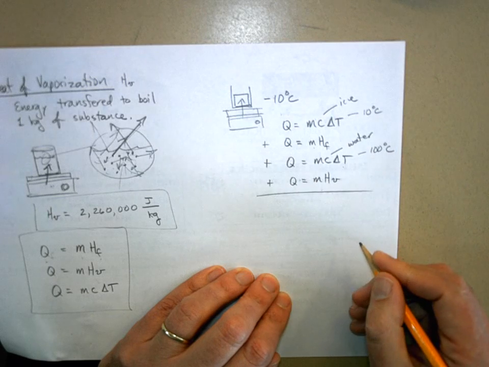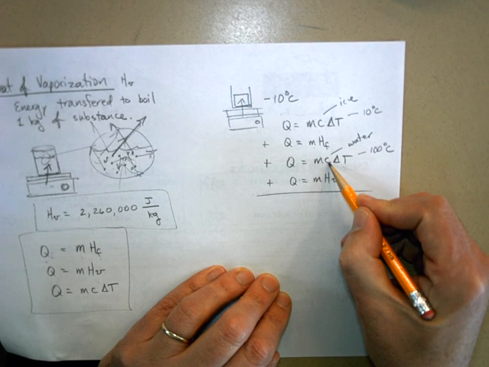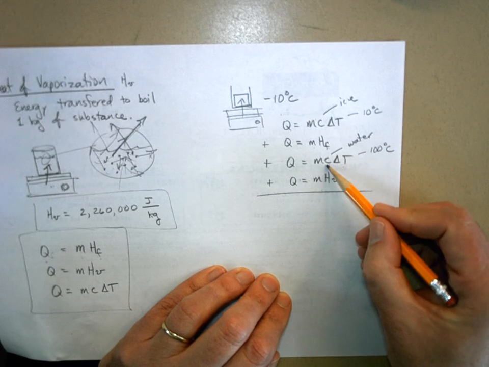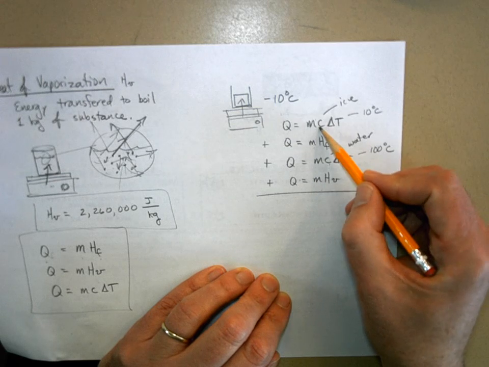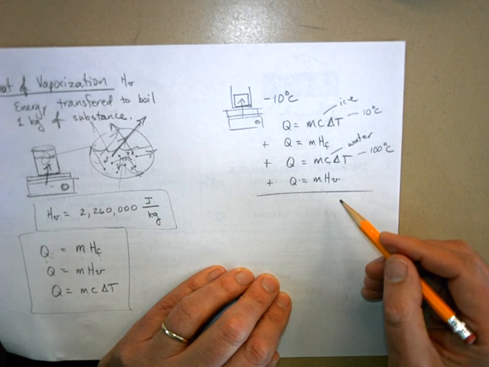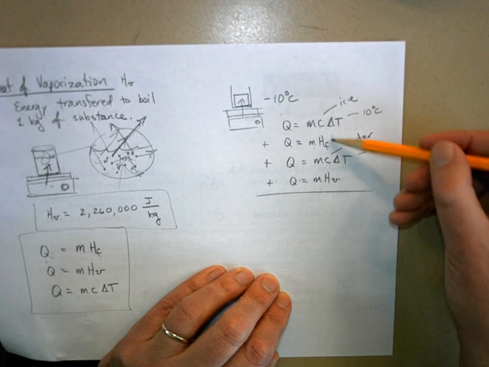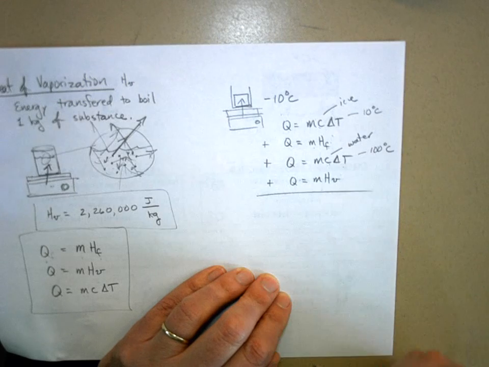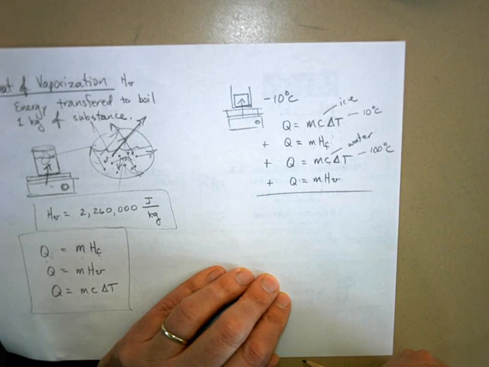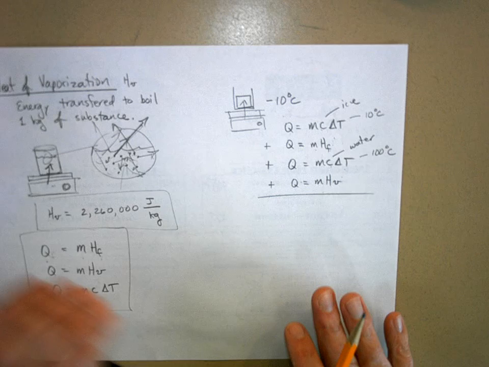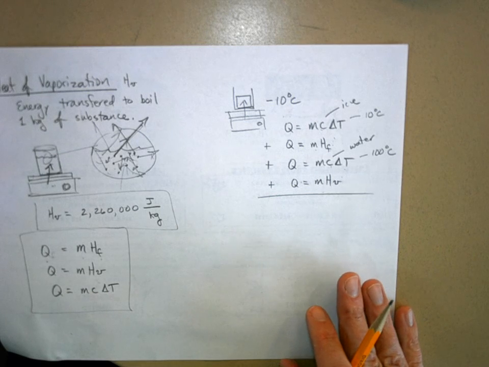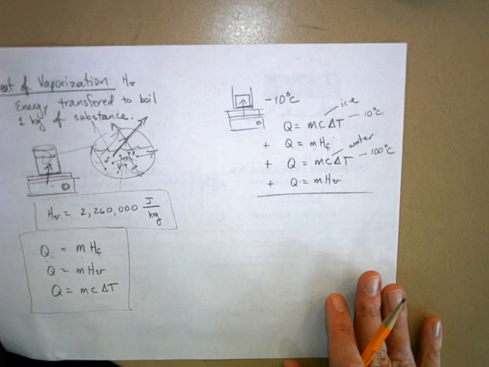And the specific heat of water is greater than the specific heat of ice. And then you have to look up these, which I gave you already. And then you have to add them all together. And that's how you're going to solve a lot of these problems on the homework. That is all.